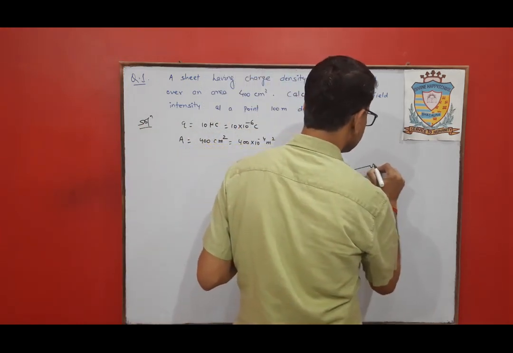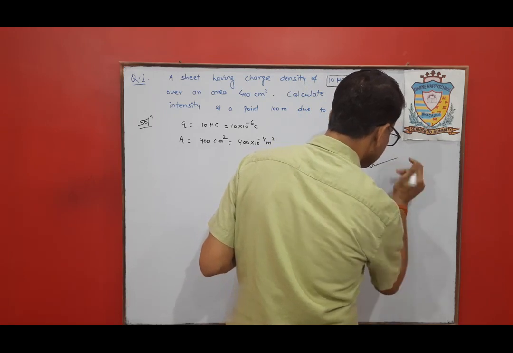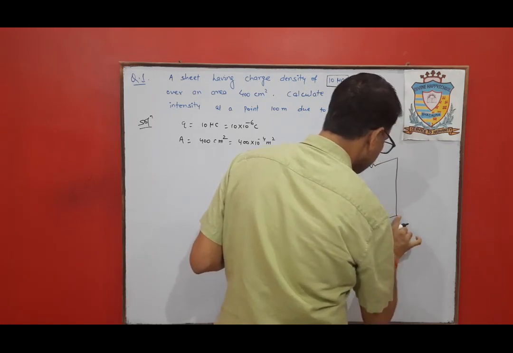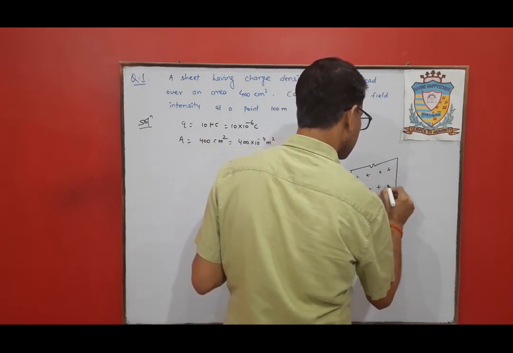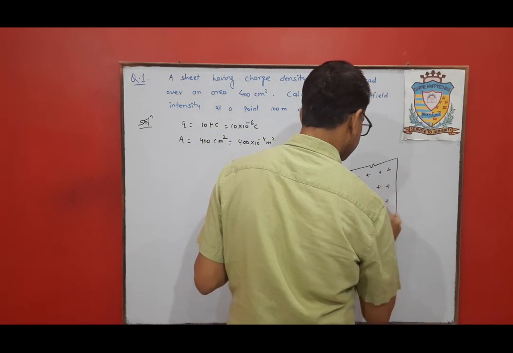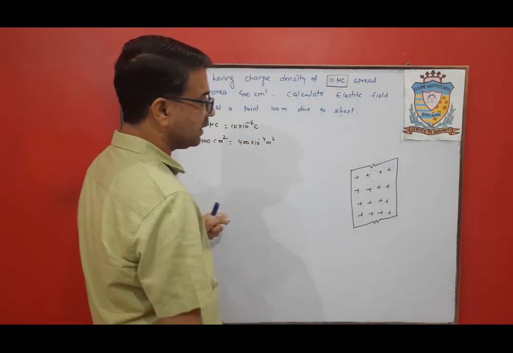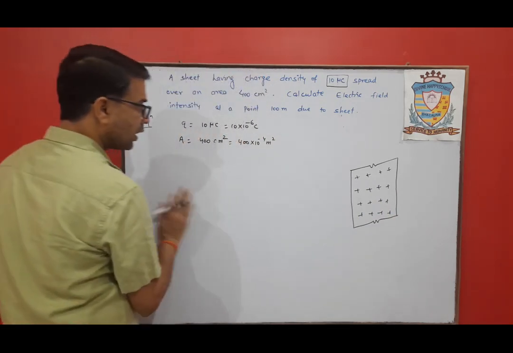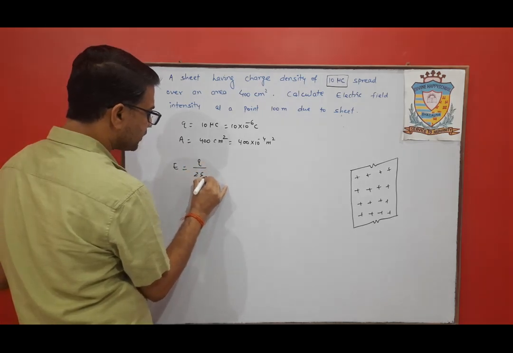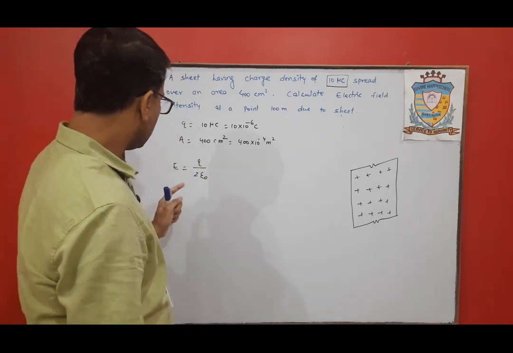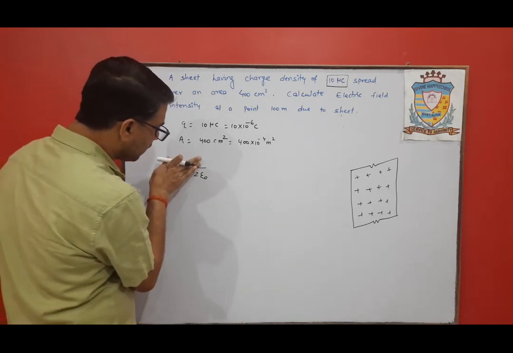As we know, whether this is a positively charged sheet or a negatively charged sheet, the total electric field intensity due to this sheet is E equals sigma upon 2 epsilon naught.